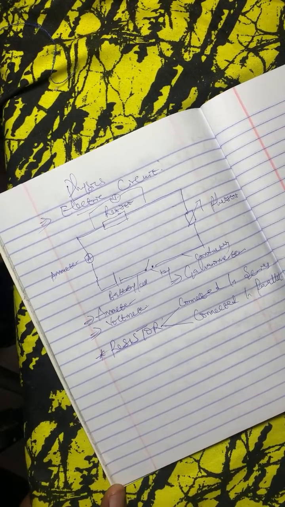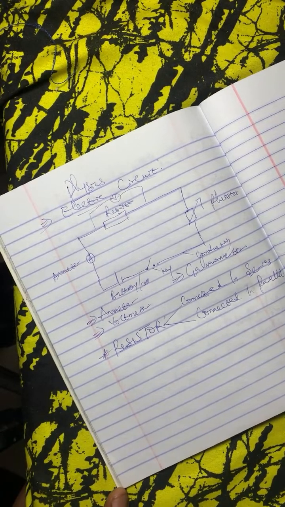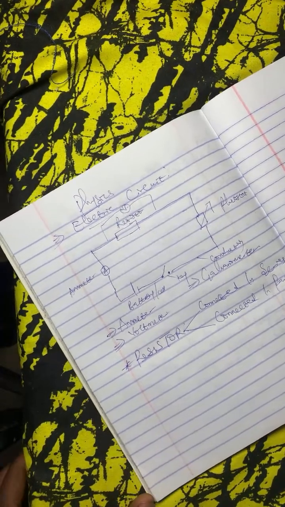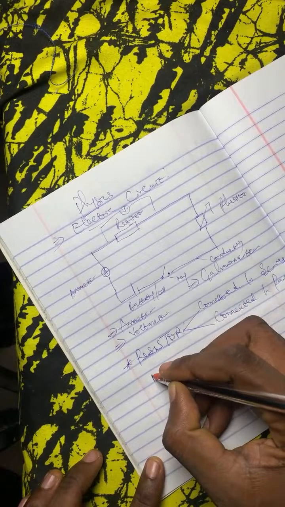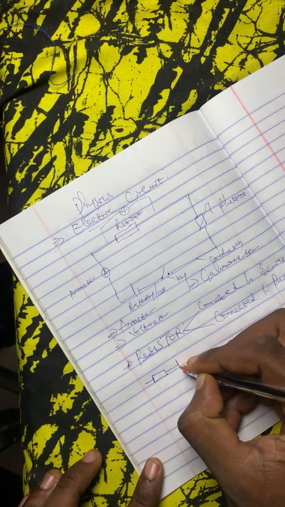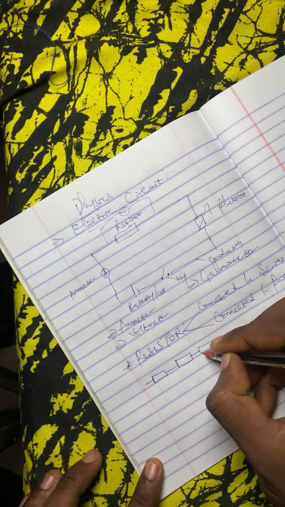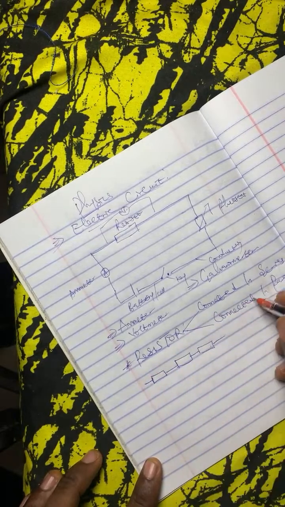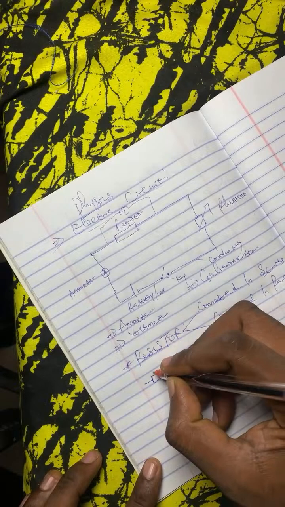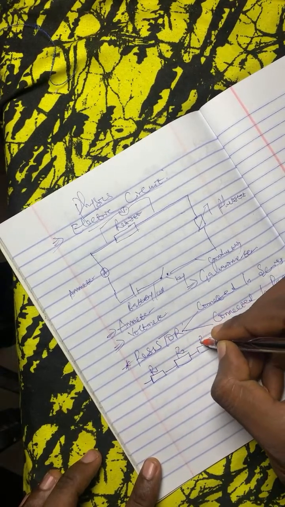Resistors are said to be in series when they are arranged end to end to each other. Say for example, I can have something like this, and another something like this. These are typical examples of resistors in series. They are connected end to end to each other. So this can be R1, R2, R3.